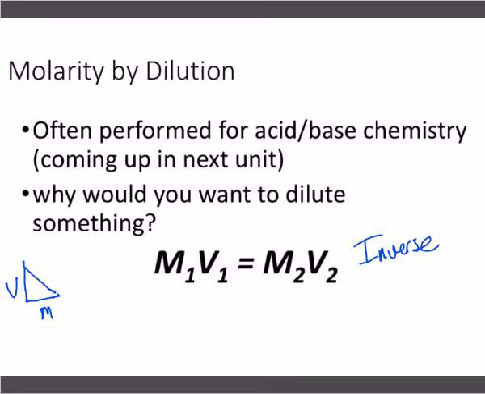Now, our first molarity is typically going to be stronger, and we're going to try to dilute it to make this weaker. So if this one's higher and this one's weaker, that means your volume typically is going to go up. So when I buy a bottle of strong hydrochloric acid, it's typically like 2.5 liters worth.